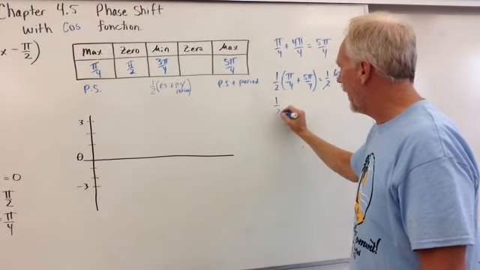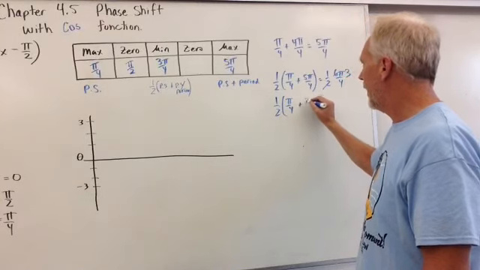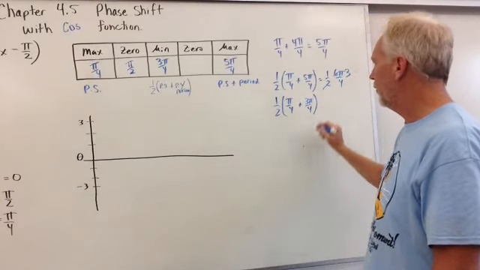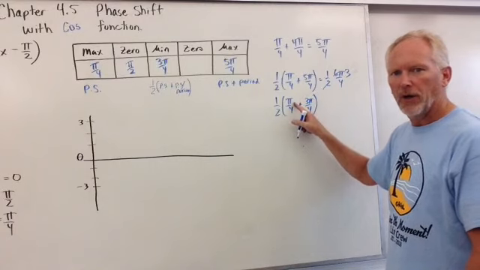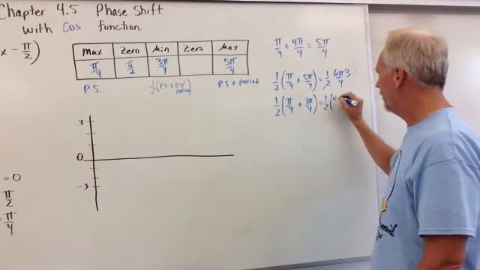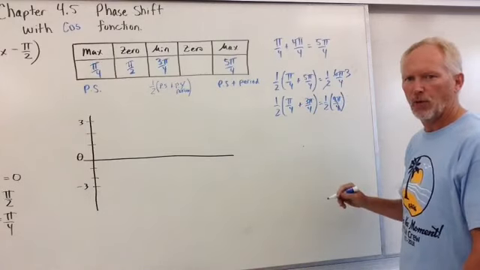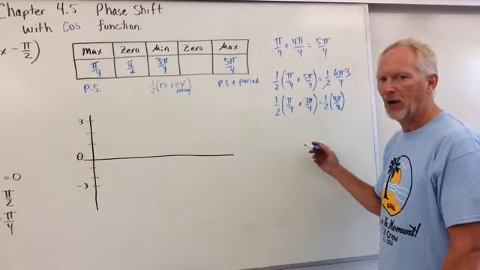Again, let me show you. 1/2 of pi over 4 plus 3 pi over 4. 3 pi over 4 plus 1 pi over 4 is 4 pi over 4. So we get 1/2 times 4 pi over 4. And again, those 4's would cancel, so we end up with pi over 2.